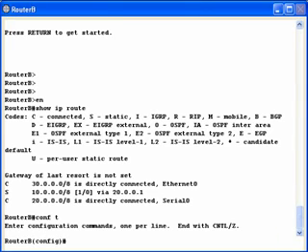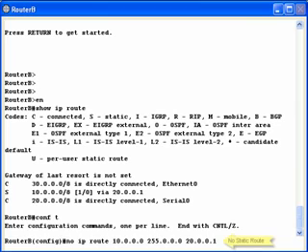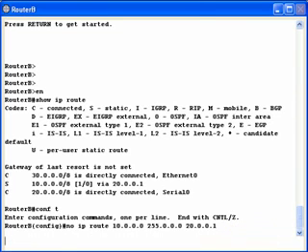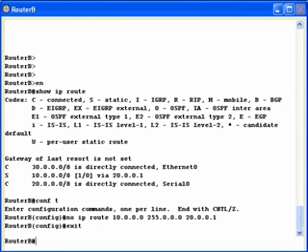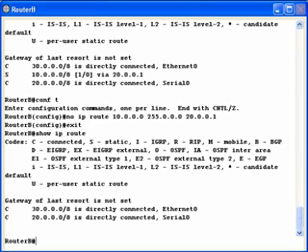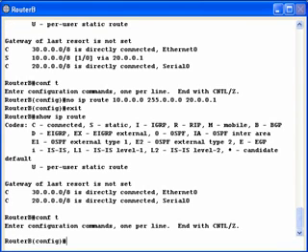Configure terminal. No IP route. Exit. Show IP route. Now there is no static route on both router A and router B.